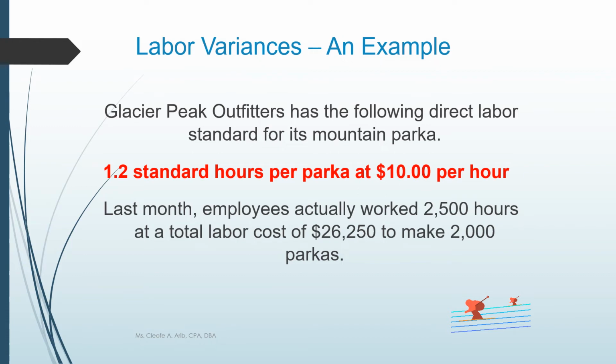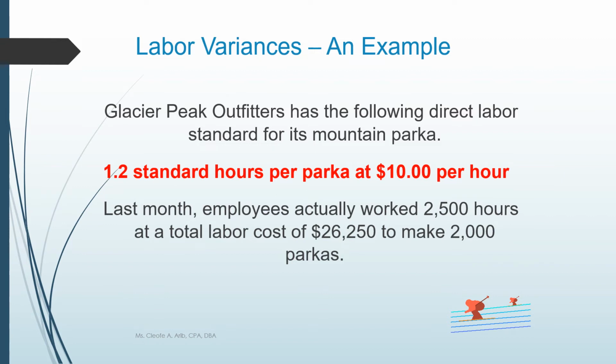So the standard states that 1.2 standard hours yung required per parka at how much rate per hour, at $10 per hour. And then the actual hours used during the month is 2,500 hours to complete the 2,000 parkas.